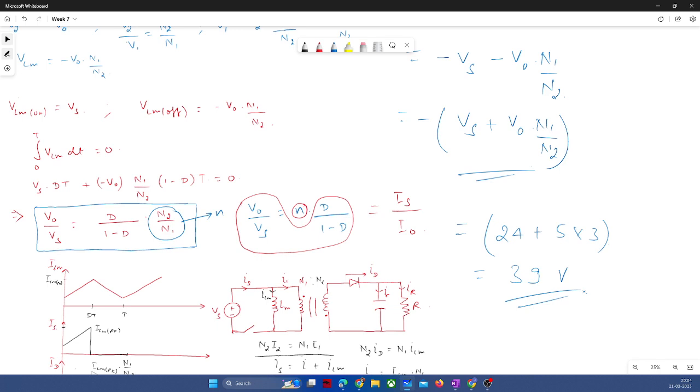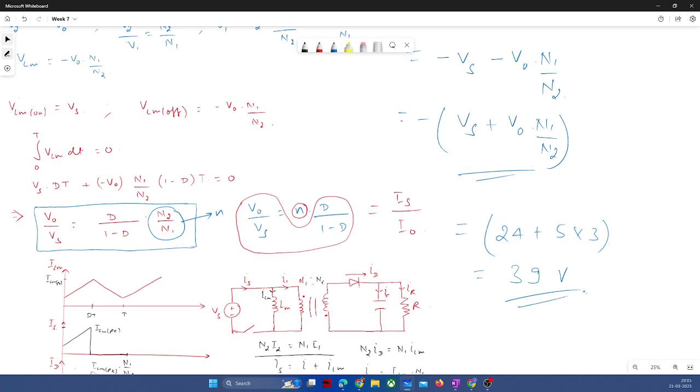Whatever the switching frequency or time period of the circuit, you need to reset it in every time period, so it won't depend on the switching frequency. Switching frequency is generally limited by the losses and the device, whether the device is capable of operating at such high frequency or not. As you increase switching frequency, the losses in the converter will increase.